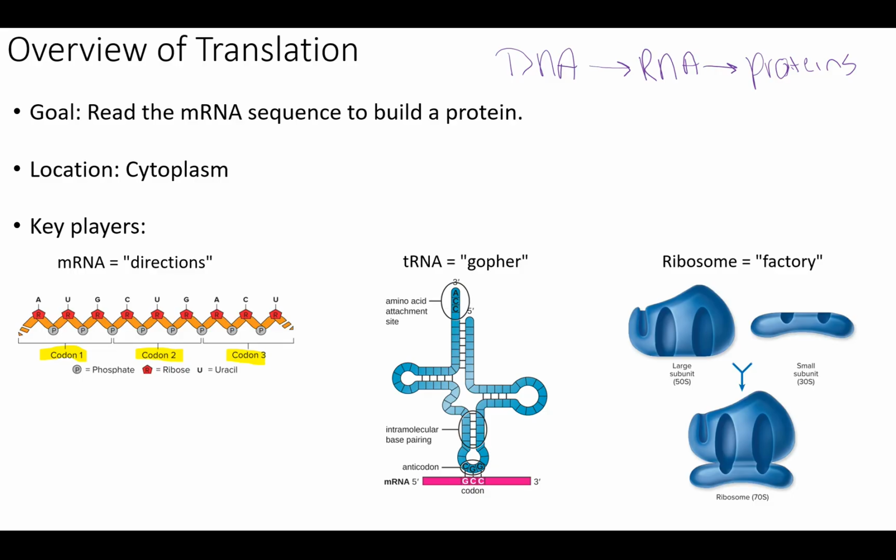For instance, their overall size, the actual complexity and protein RNA composition varies slightly between the prokaryotic and the eukaryotic ribosomes. The prokaryotic ribosomes are smaller, and we refer to them as the 70S ribosome, which you see here on this picture, while the eukaryotic ribosomes are slightly larger.